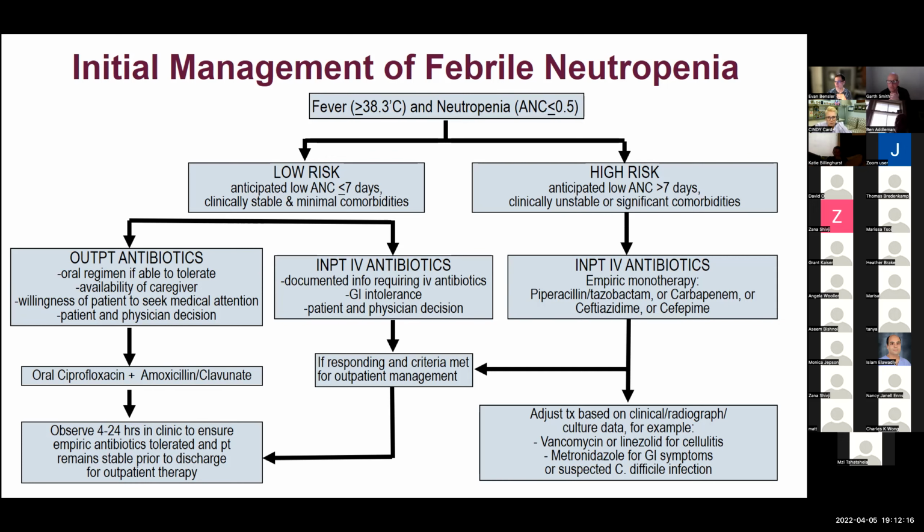We usually say it'd be good if they have somebody at home with them. They're willing to seek medical attention if things get worse, and they feel comfortable with that decision. And I'd say 70% of our solid tumor patients fall into that low risk category and never need to be admitted with febrile neutropenia. Typically, we use ciprofloxacin and amoxiclav.